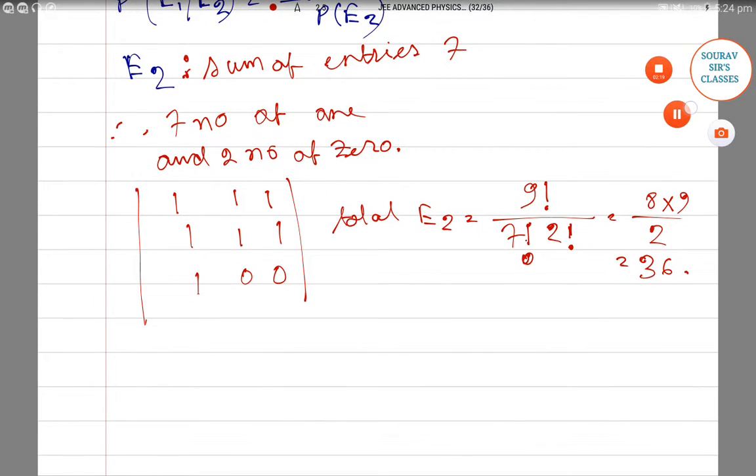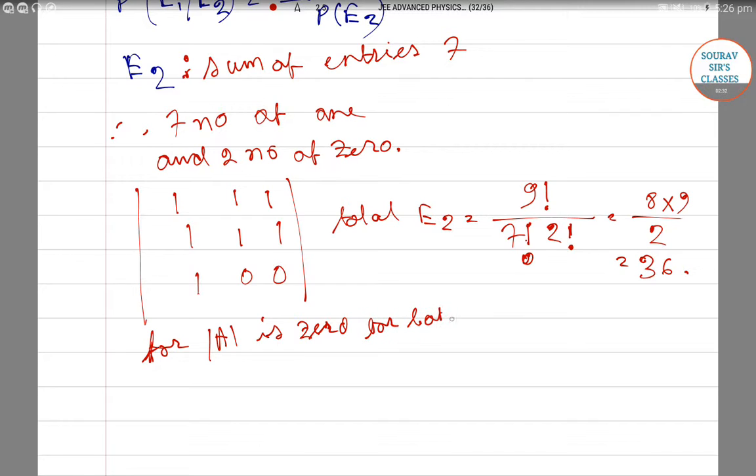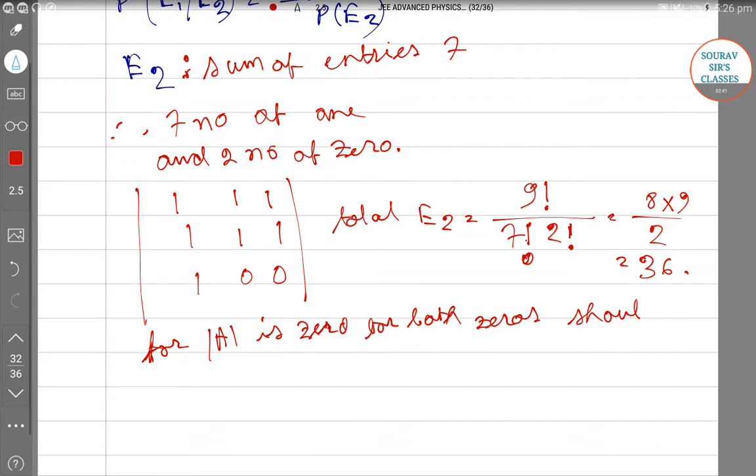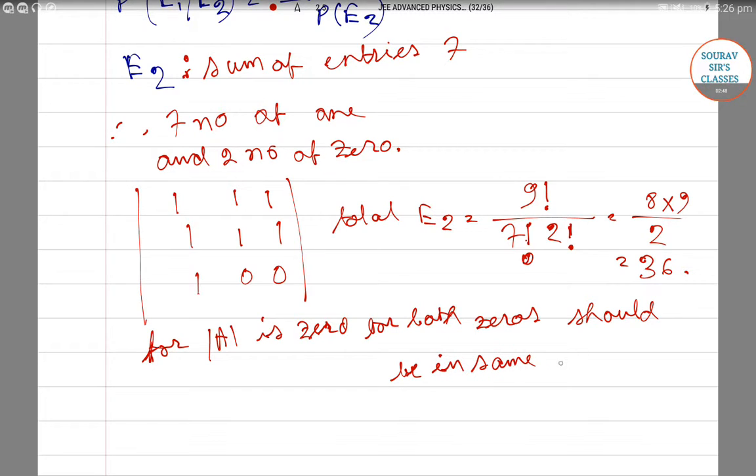And here, the determinant of A is 0 when both zeros should be in the same row or column.